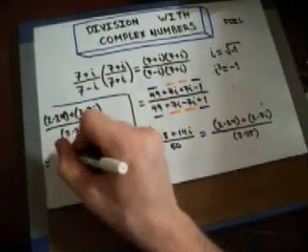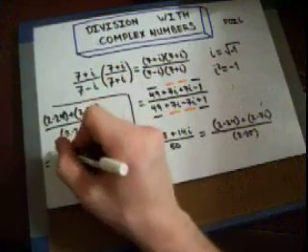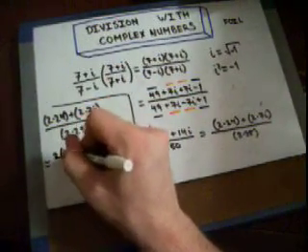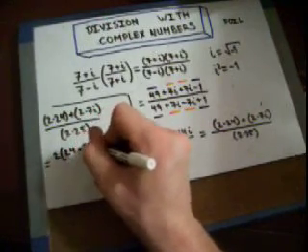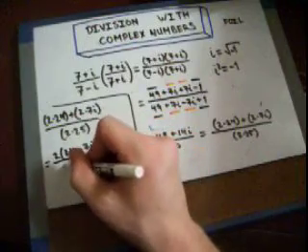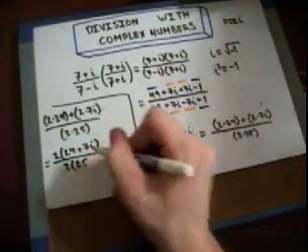So in the numerator, we can think of this whole thing as 2 times 24 plus 7i. And downstairs we can think of this as 2 times 25.